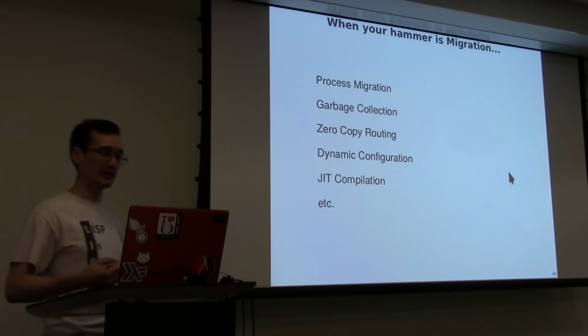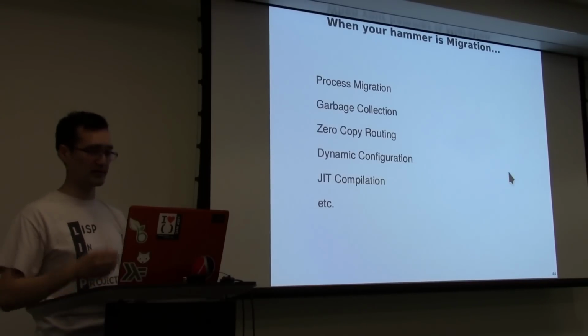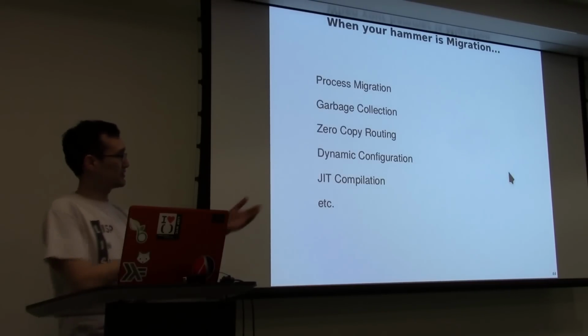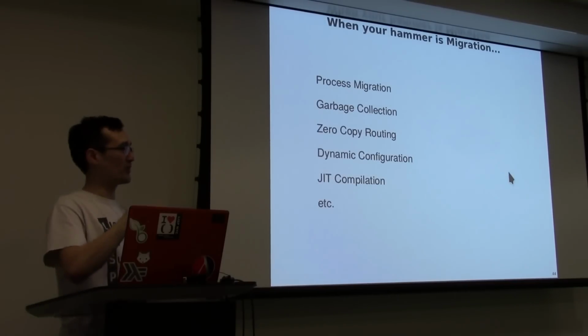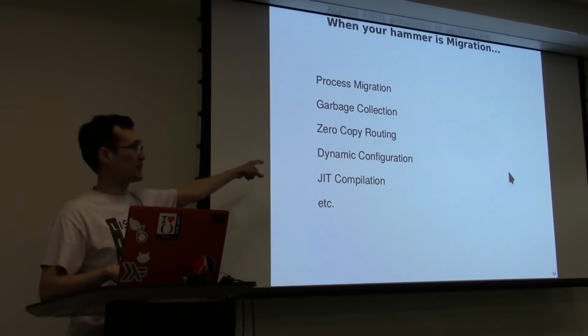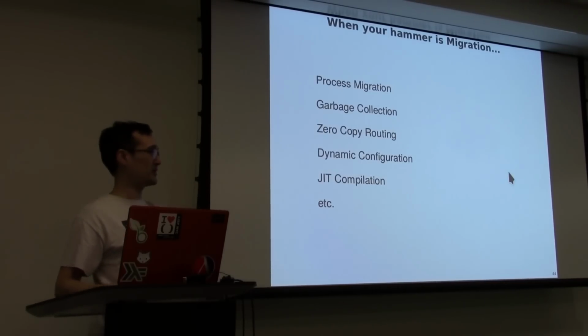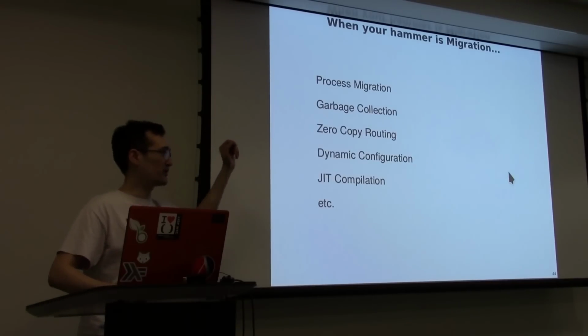Dynamic configuration. If I have my computer displaying this window on this screen and I want to display it on that screen, I can just say, hey, I'm recompiling my program now. I will be pixels there instead of here, and with 24-bit colors instead of 8-bit colors or whatever.